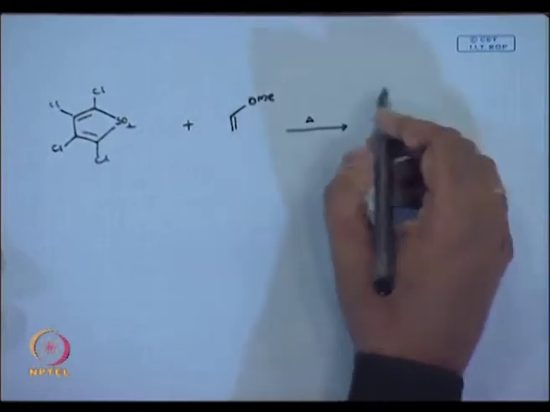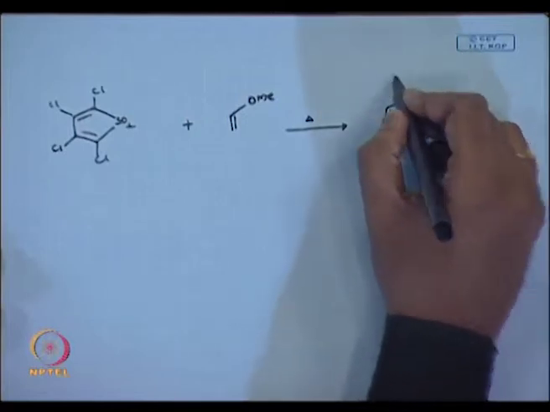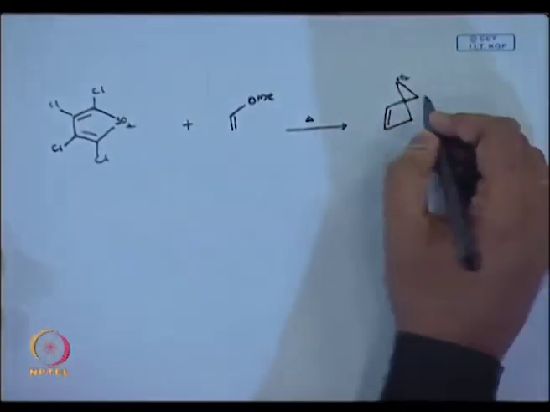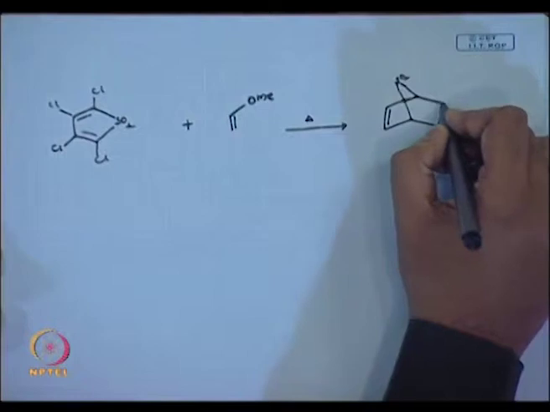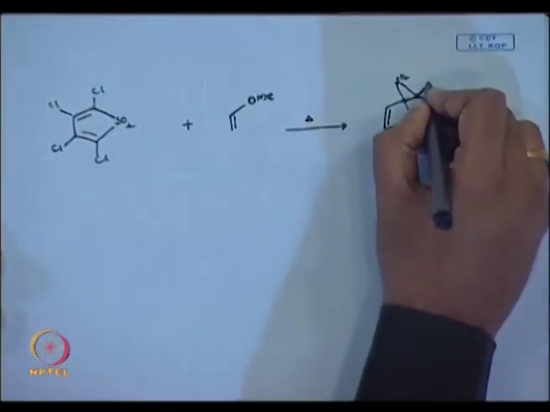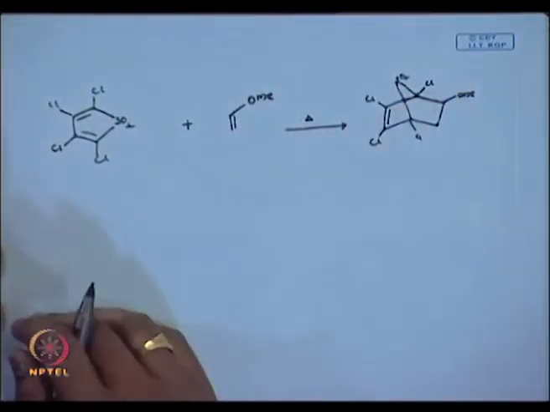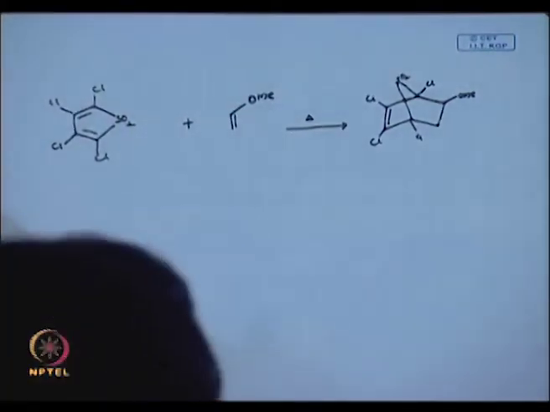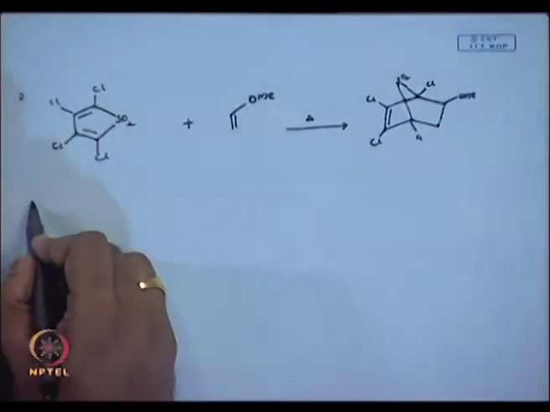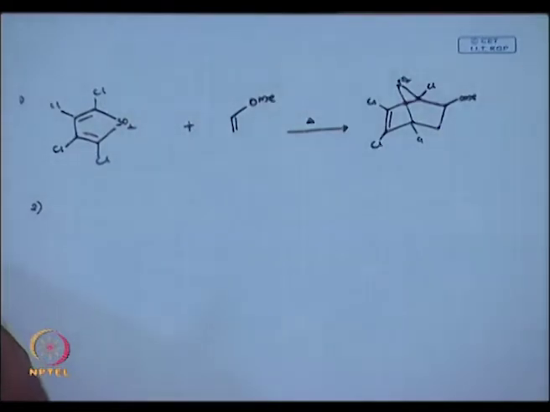If you just read this reaction, you end up with chlorine at all the sites of the reaction. You can get this product. There are even reactions where this has been used. You have heard about Diels-Alder type pesticides. You can synthesize them using these inverse electron demand reactions.